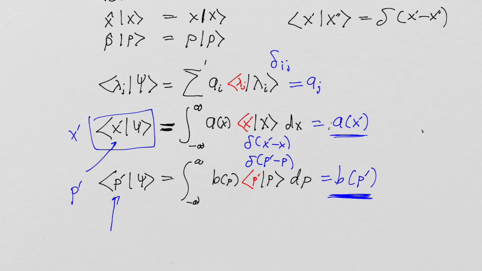So I can rename all these things. I probably should have done this with x's and x primes in the beginning, so it lands as a of x, but I'll leave it the way it is. The inner product of x with psi equals a of x prime, right? And so there's really no heartburn getting rid of the little prime there.